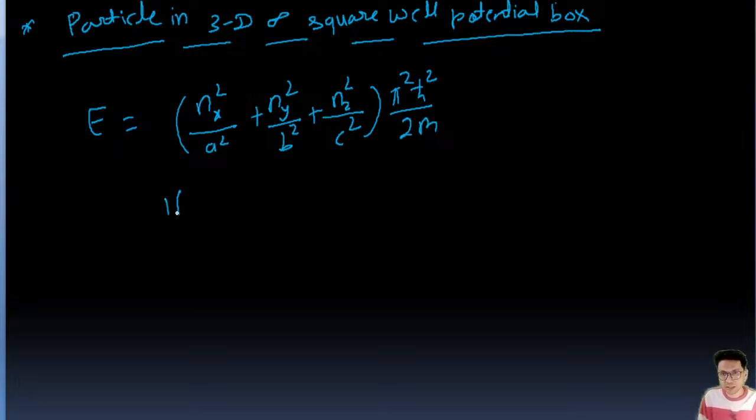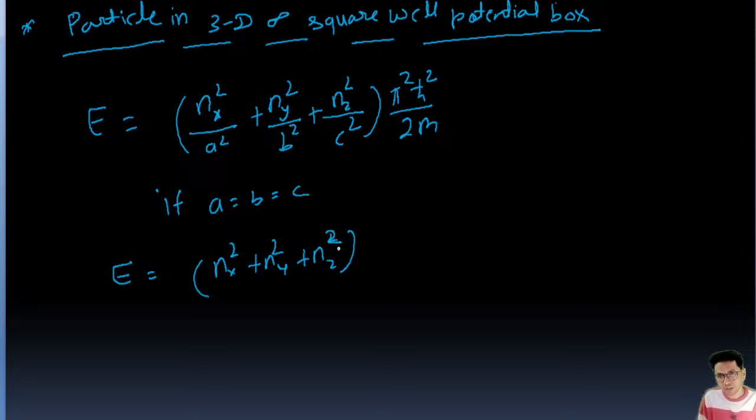And if a equal to b equal to c for the box, then in that case the energy is going to be (nx square plus ny square plus nz square) into pi square h cut square upon 2ma square.